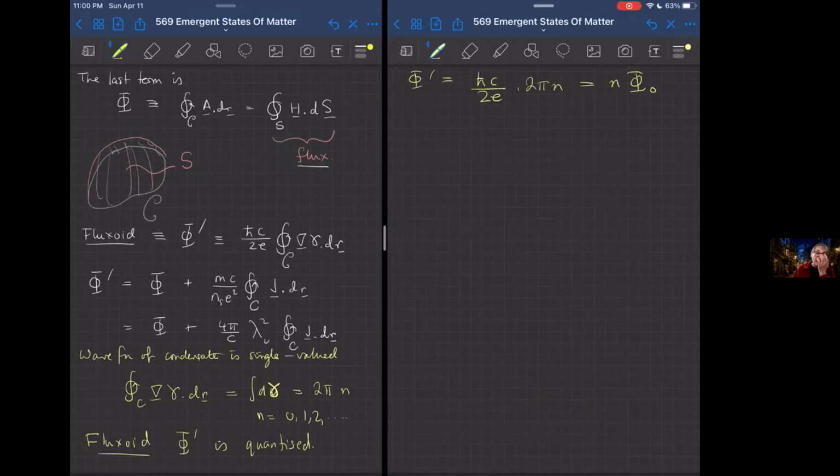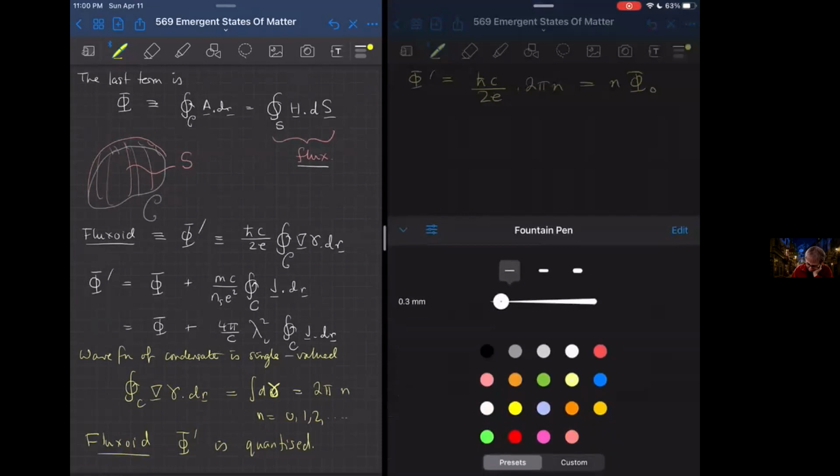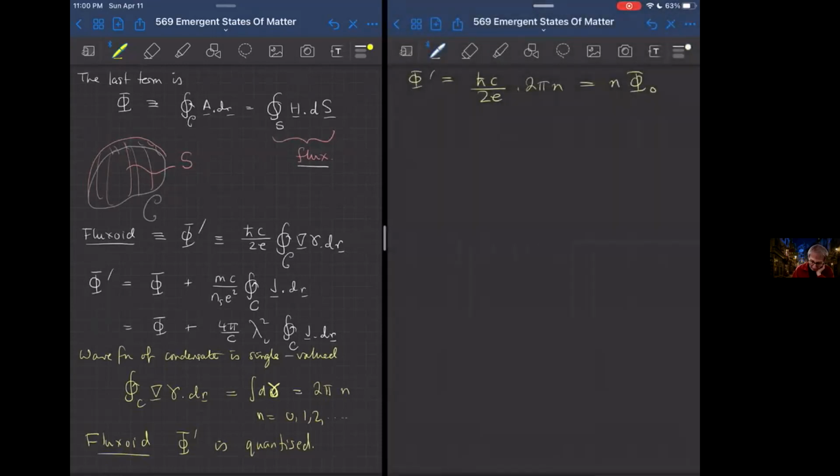So why do people talk about the quantization of flux? Well, we talk about the quantization of flux because usually we take the contour well inside the superconductor.